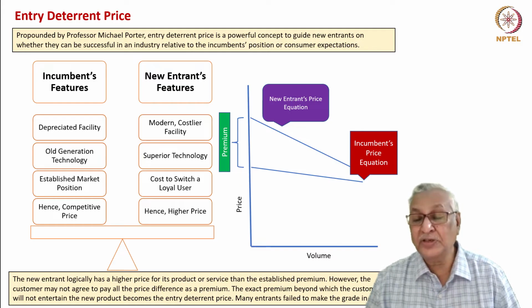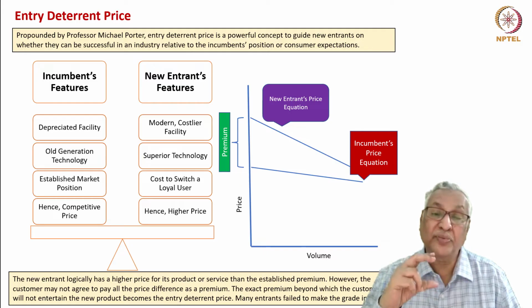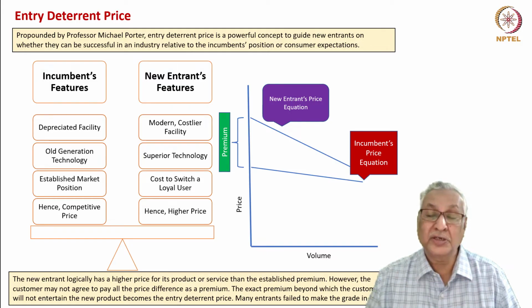So when you look at the equation of volume and price, the incumbent has a certain price equation. But the new entrant typically comes with a price equation which is higher than the price equation of the incumbent. There is therefore a premium that the new entrant by default charges in the marketplace.